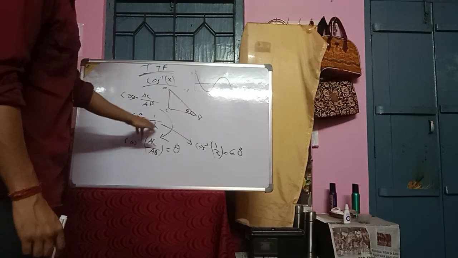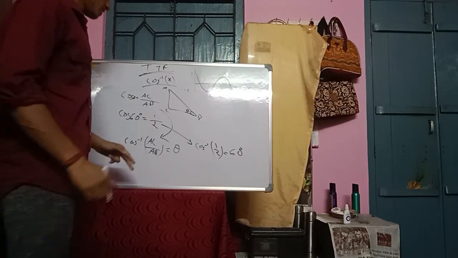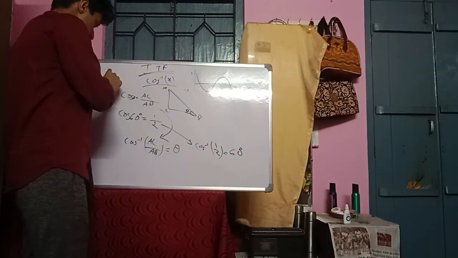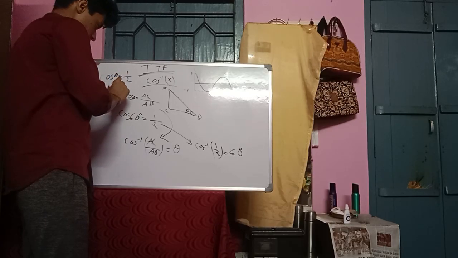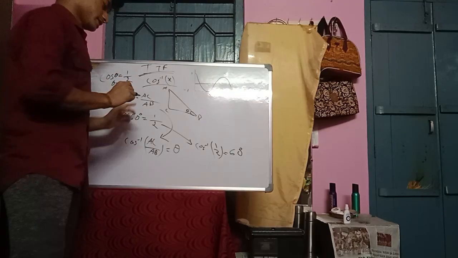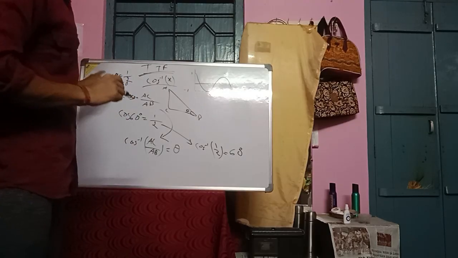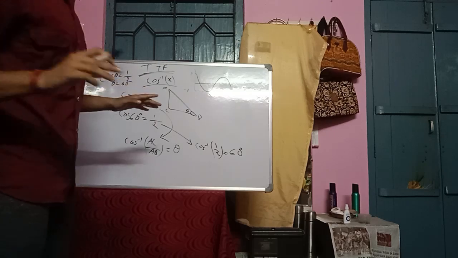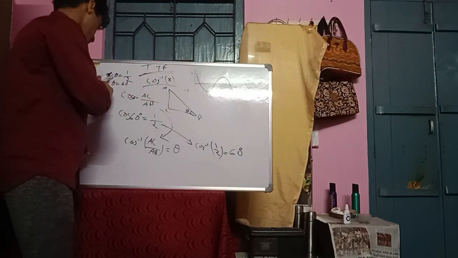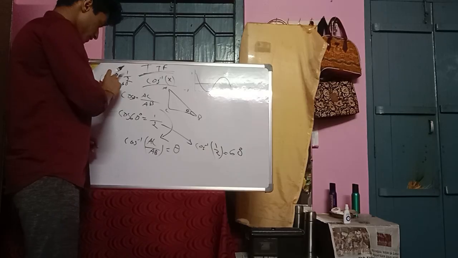So just saying that if cos theta is 1 over 2 and theta is 60 degrees, this is not completely satisfied, because there are also an infinite number of other possible values of theta for which the output of this cos theta function is also going to be 1 over 2.